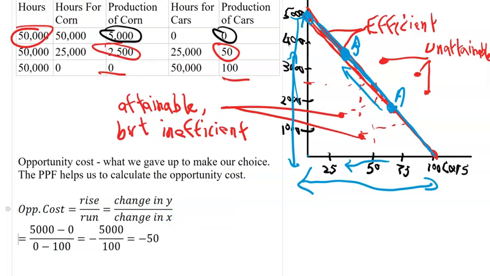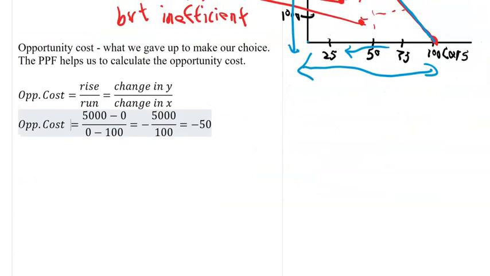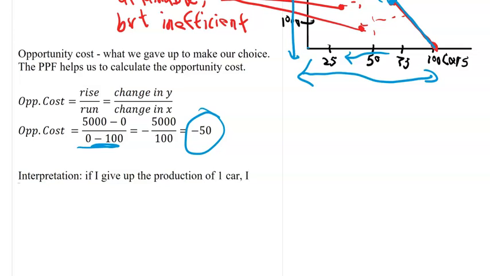Let's move this down in the next line. So what this tells us is this number here, since the denominator is the number of cars production, it's telling us that if I give up the production of one car, I free up enough resources to produce 50 tons of corn.